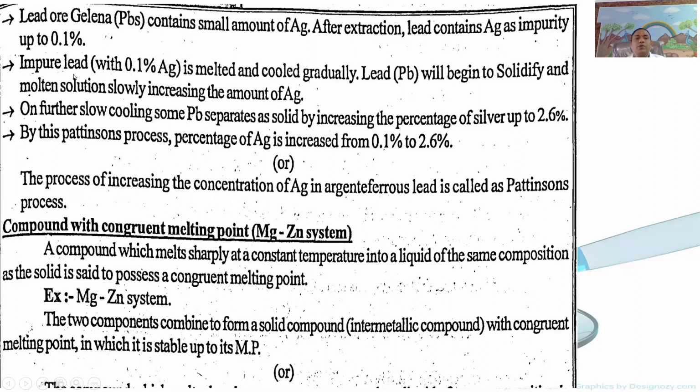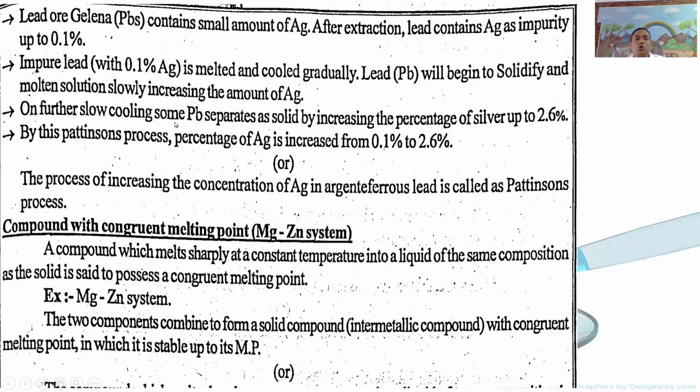The impure lead with 0.1% silver is melted and cooled gradually. Lead will begin to solidify and the molten solution slowly increases in the amount of silver.